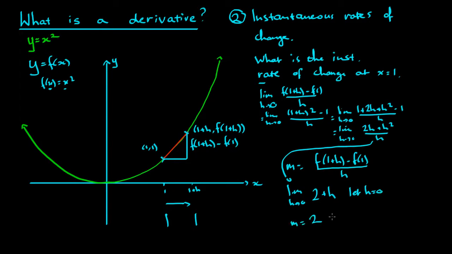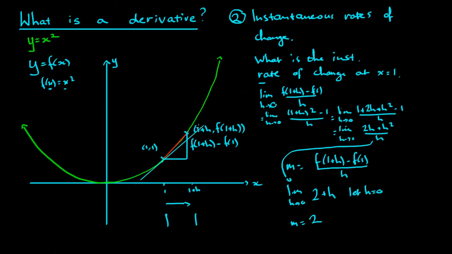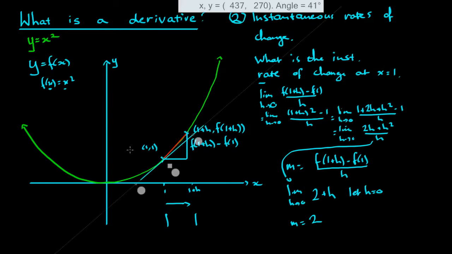So that's the instantaneous rate of change where x equals 1. So going back to that tangent we'd drawn before, at this point here, the gradient of that tangent will equal 2.